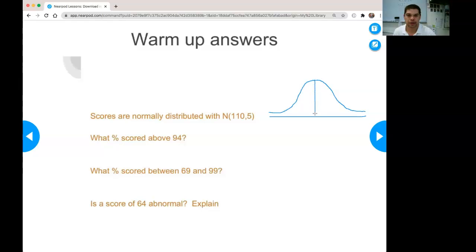Put the mean in the middle. Put 110 in the middle. And add 5.